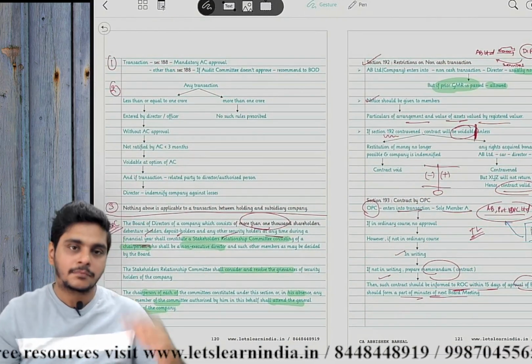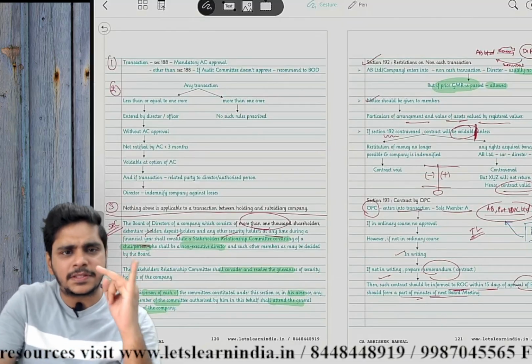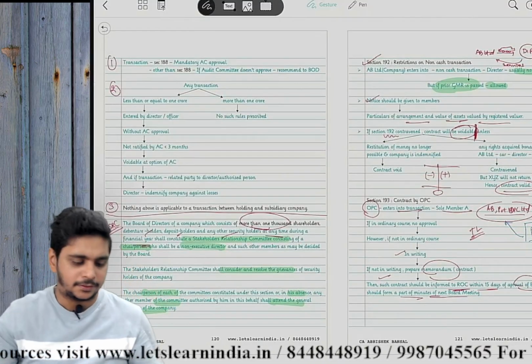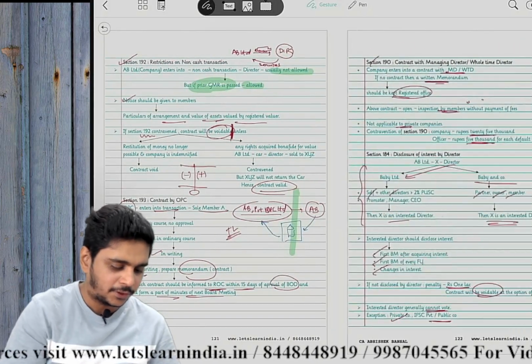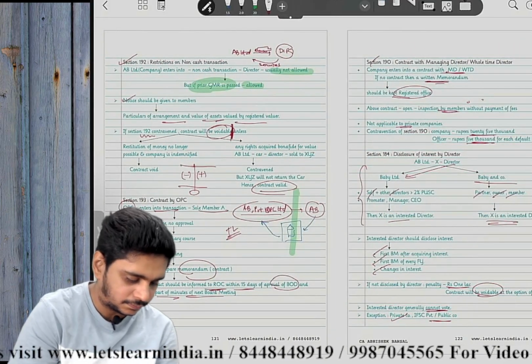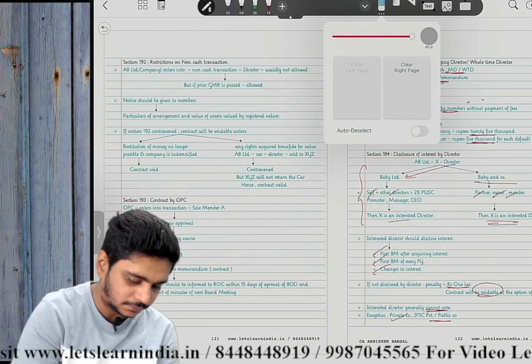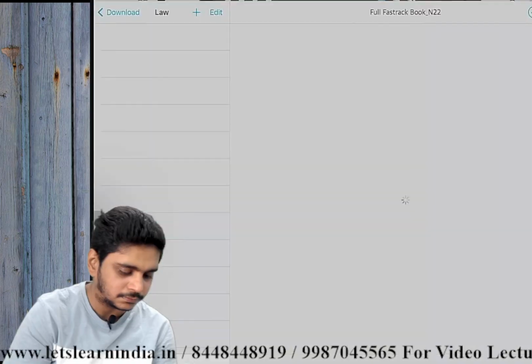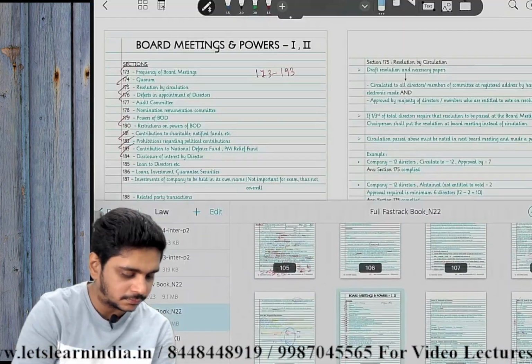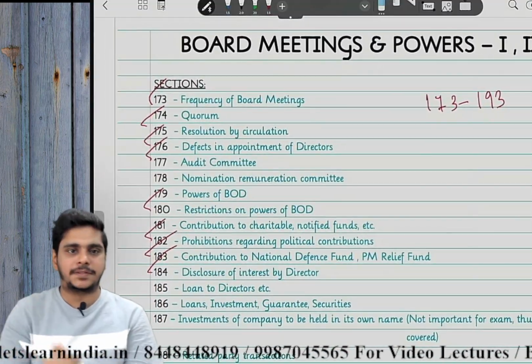So we have done 180 today, we have done 177 and we have done 178. Now we are doing very easy sections. Let's quickly recall the section numbers.